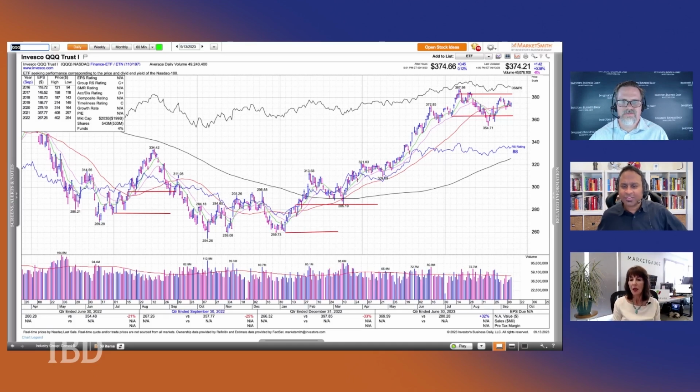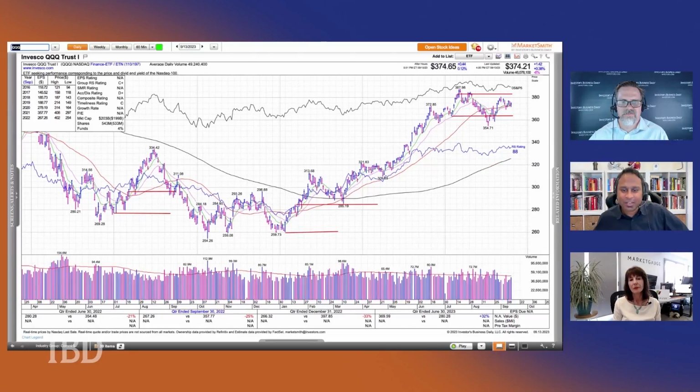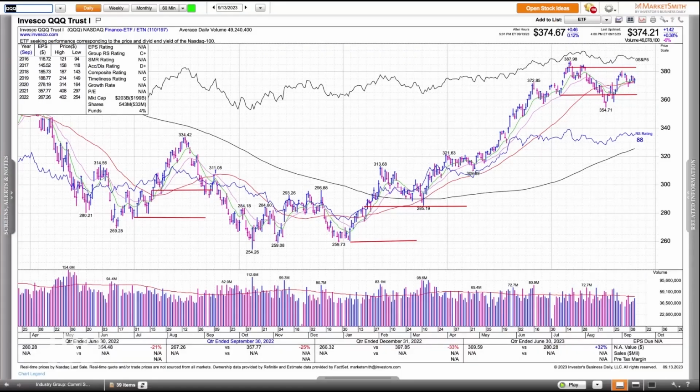Yeah, and I think it's so interesting that on March 13th, it came all the way down to the top of that calendar high that was set early on. It found support there, and also found support on the 200-day moving average. And that's when the market took off, or got more confidence, especially with the whole quick banking crisis, as you mentioned earlier.